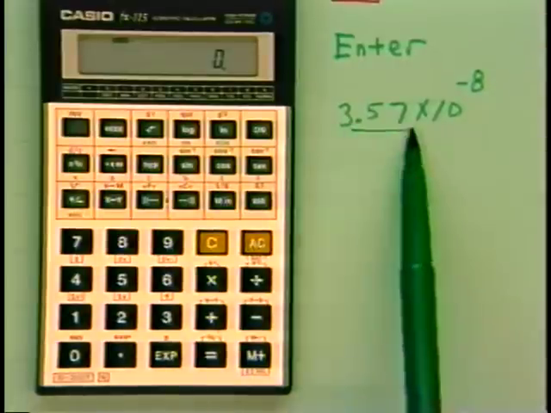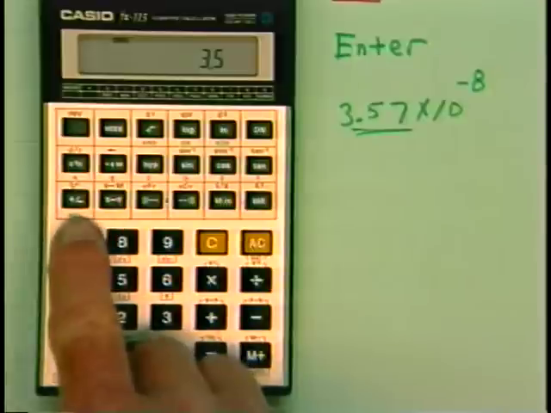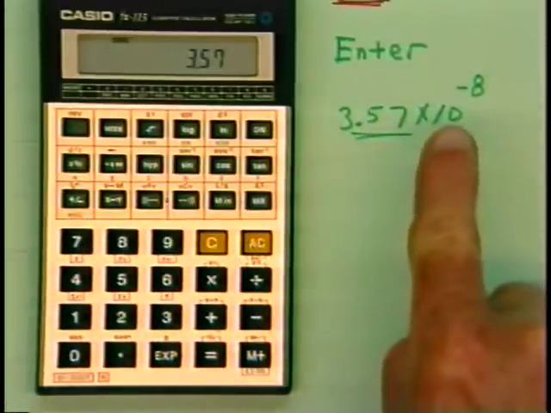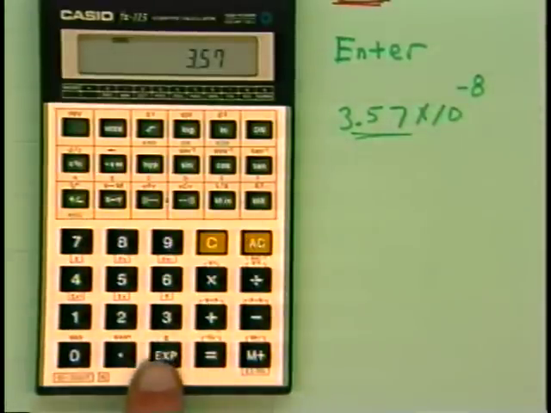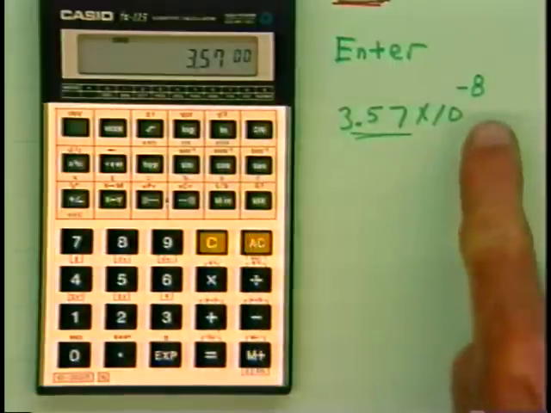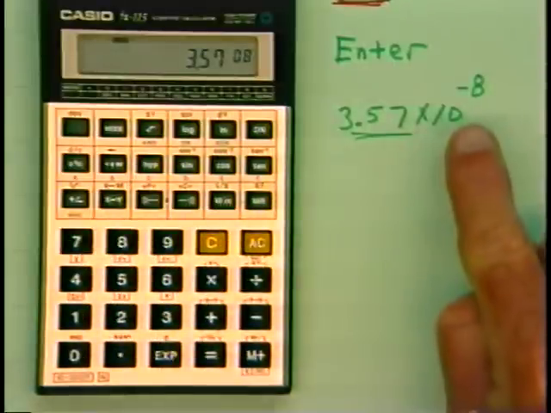First we enter the decimal portion, which is 3.57. Then to tell the calculator we're entering a scientific notation number, we push the EXP key. It is ready for the exponent. So we put in the exponent of 8, but I want it to be negative.